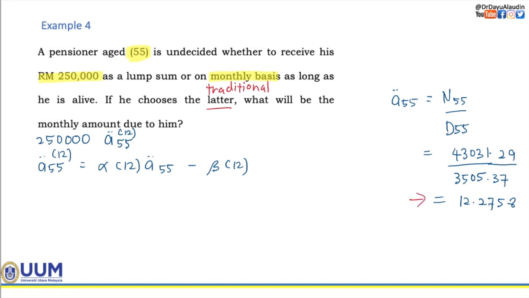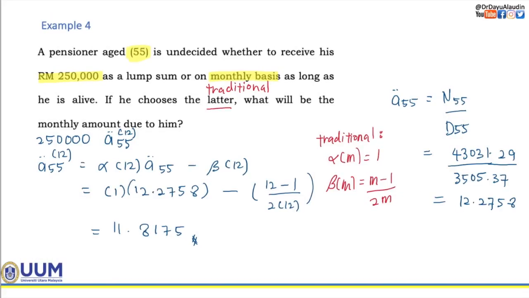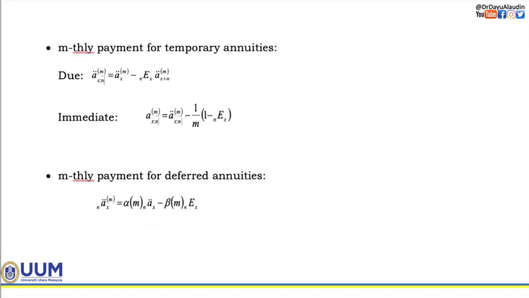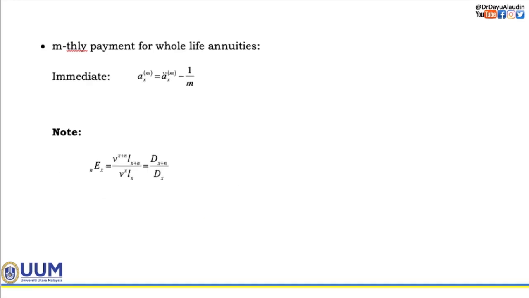Then we find the alpha. So alpha is 1 for the traditional approach, and beta is equal to (m minus 1) over 2m. Deferred case for monthly payment. So this is the equation. Okay, that's all for chapter 4.